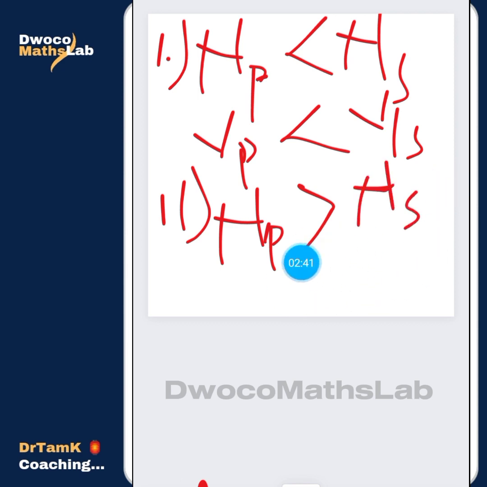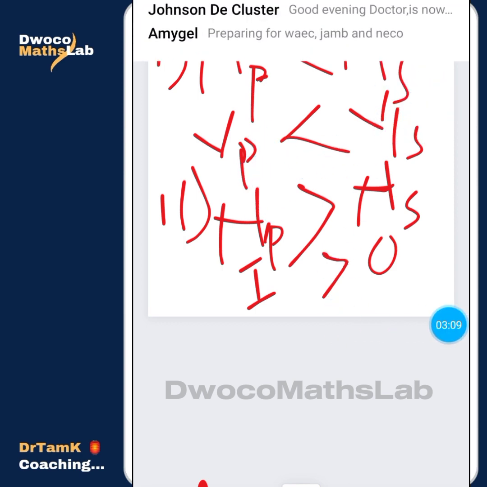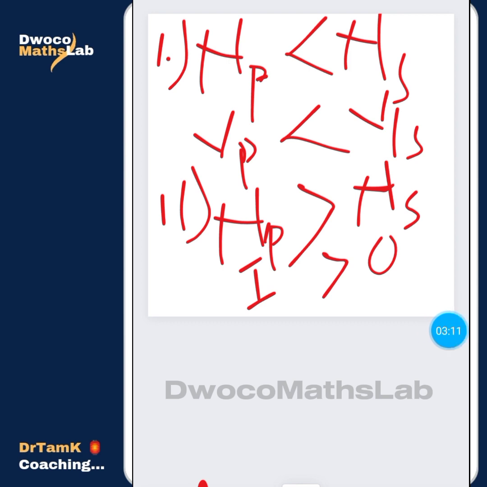Step down means to reduce the voltage, and you can also say the input is greater than the output. So what is coming in is bigger compared to what is going out. But for the step up, what is coming in is smaller than what is going out. Is it clear to you? So that is basically what it means.